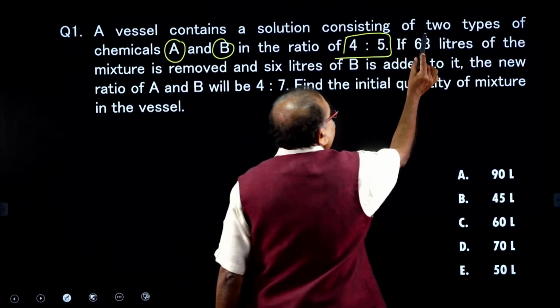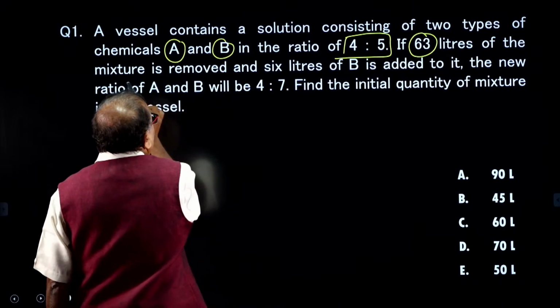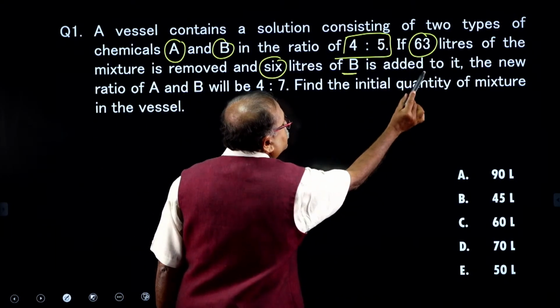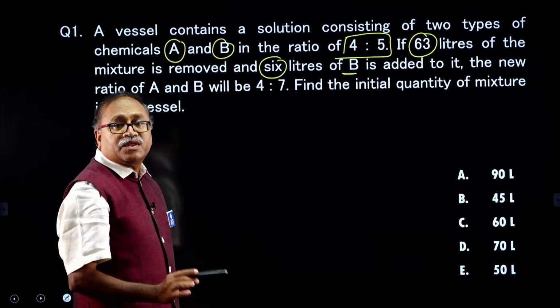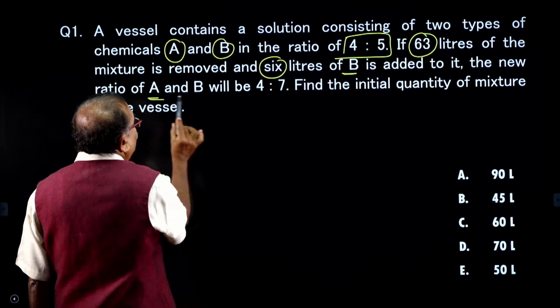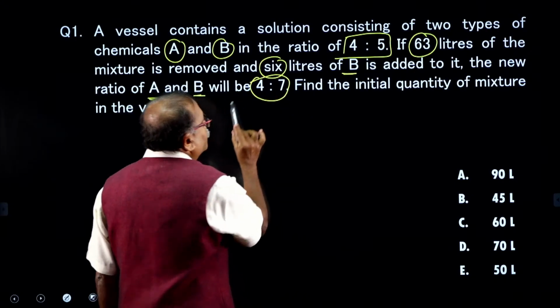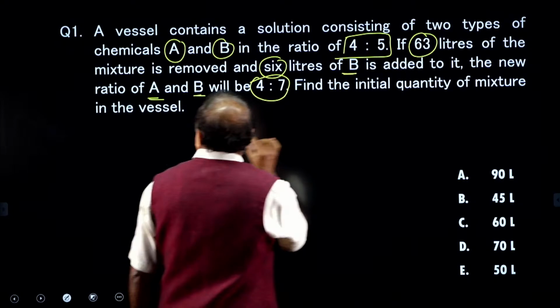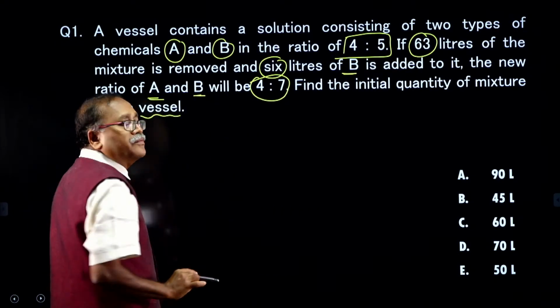Now, 63 liters of the mixture is removed and 6 liter of B is added. Then the new ratio of A and B becomes 4:7. Then find the initial quantity of mixture in the vessel.